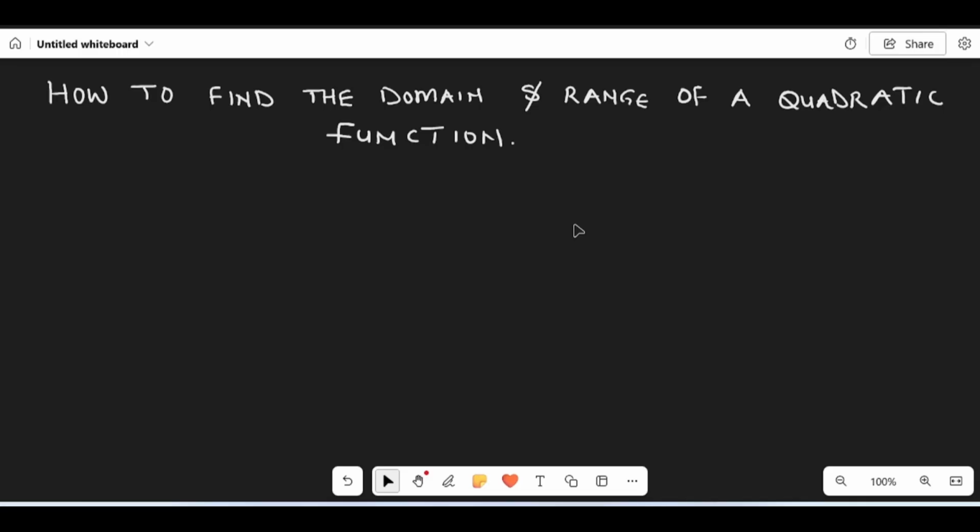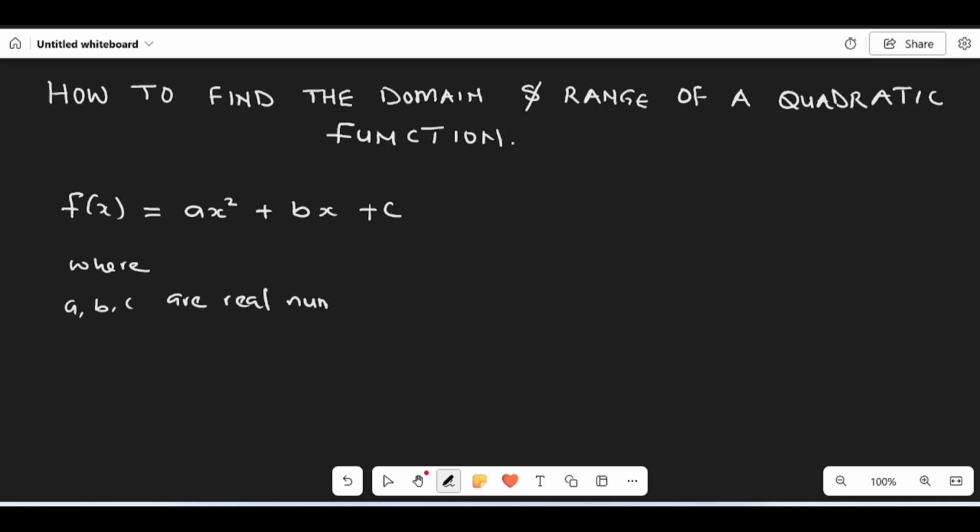A quadratic function is a polynomial function of degree 2. Its general form is f(x) equal to ax squared plus bx plus c, where a, b, c are real numbers.